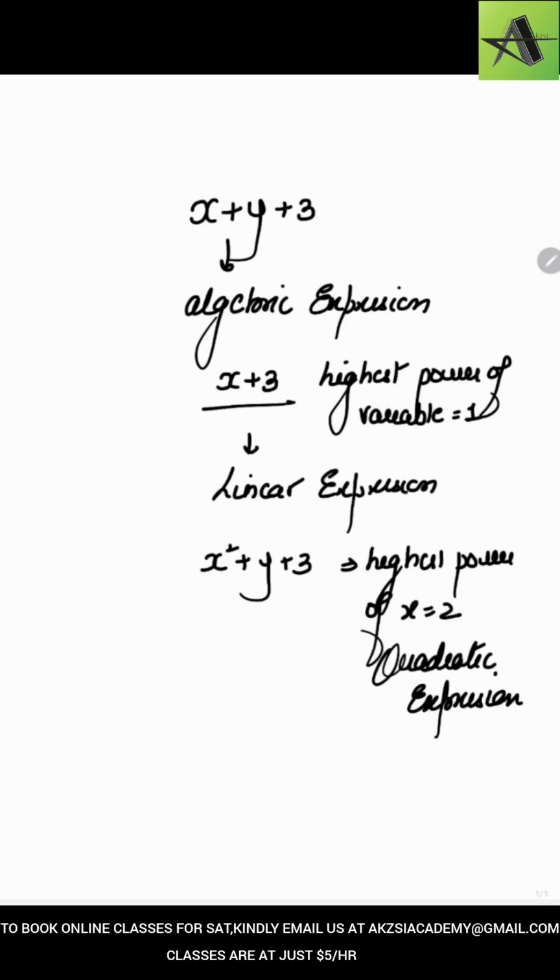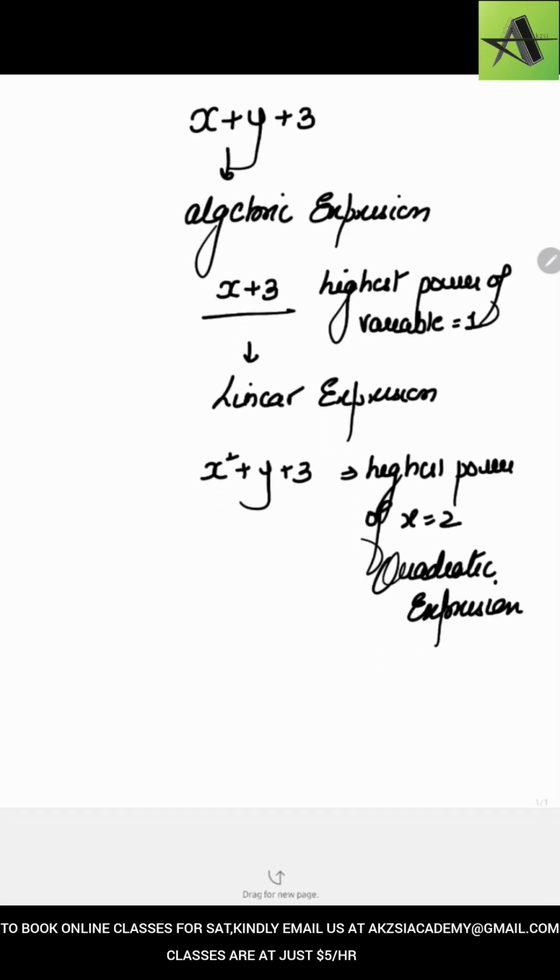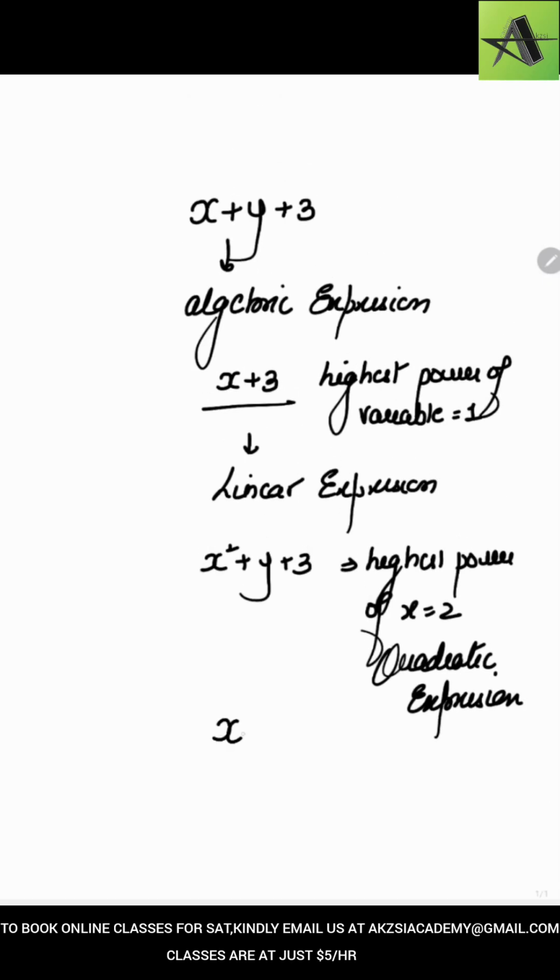In this way, we can categorize an expression. Similarly, if I say x cubed plus x, here the highest power of x is 3. So we can say it's a cubic expression. Depending on whatever the power is, you will categorize the expression: 1 for linear, 2 for quadratic, 3 for cubic, 4, 5, and so on.